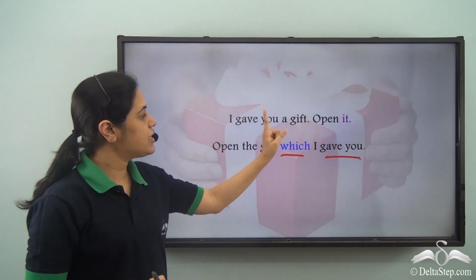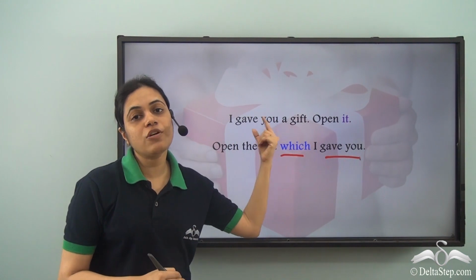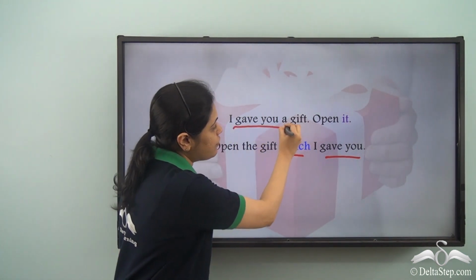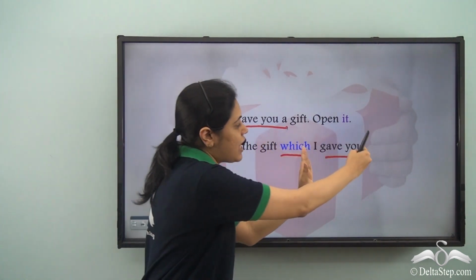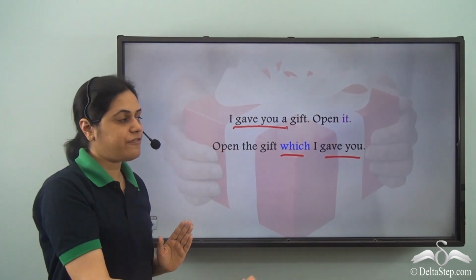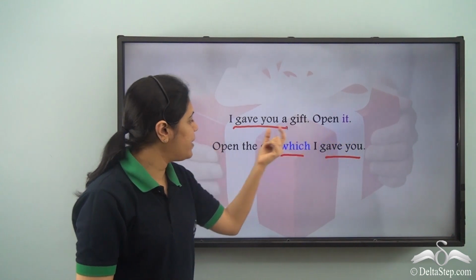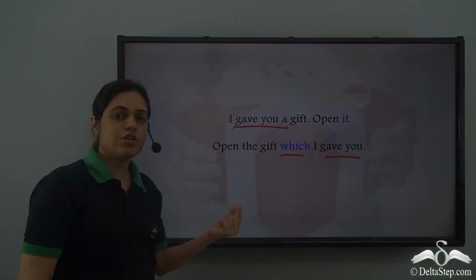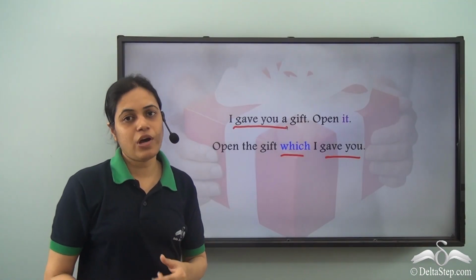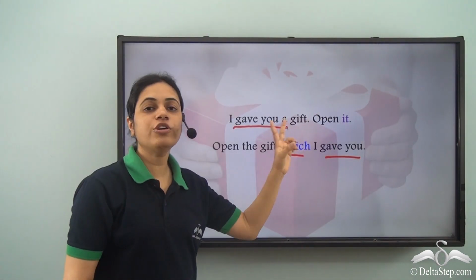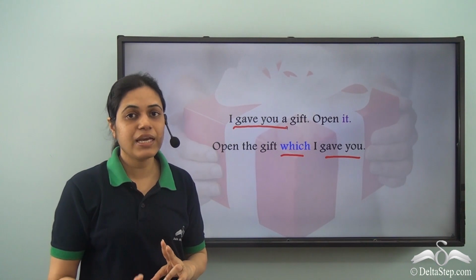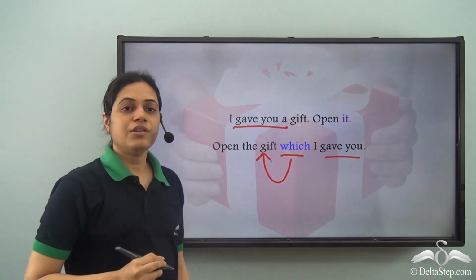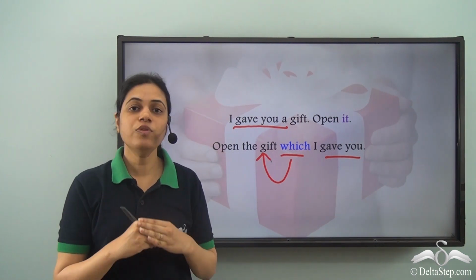Now if you notice, in this case the order of the sentences is getting reversed. I gave you a gift. This I gave you is coming after which, and open it, that is open the gift, is coming before which. So while using relative pronouns, at times the order of the sentences may get reversed. This which refers to the noun gift.